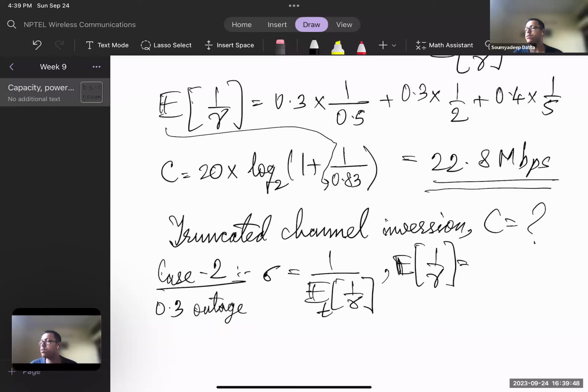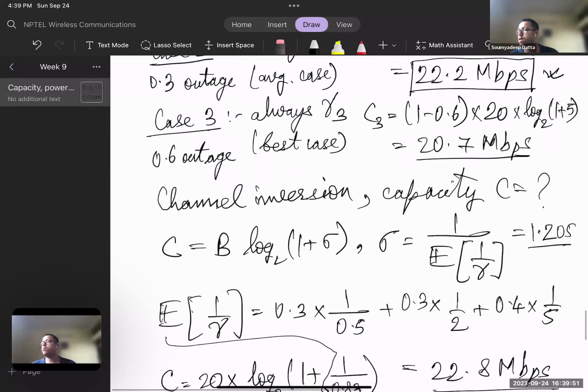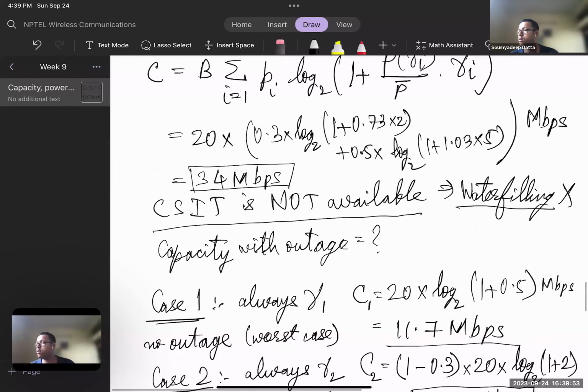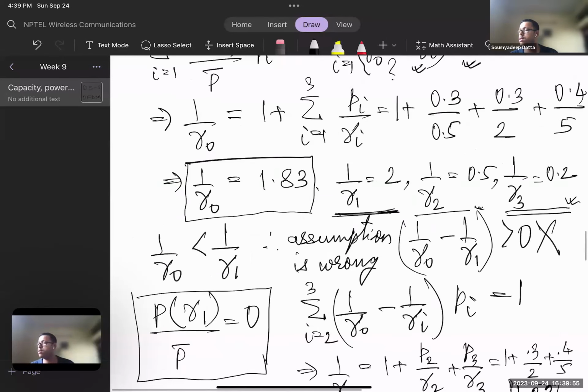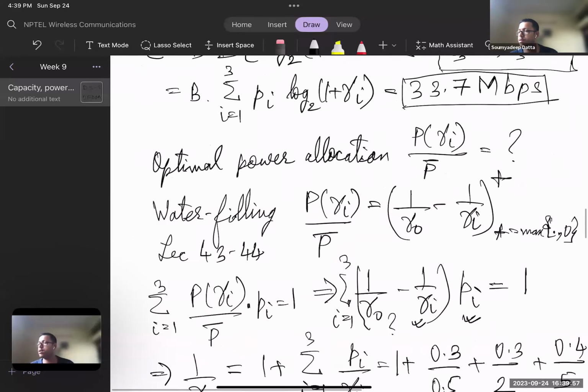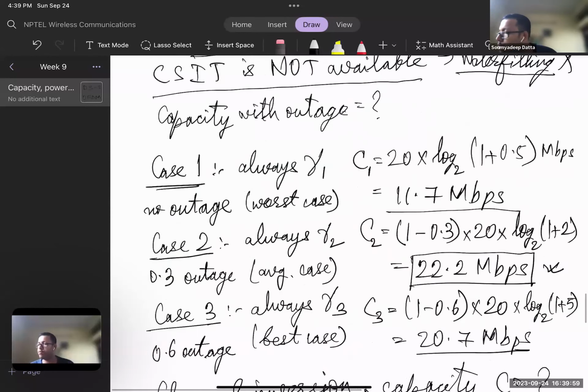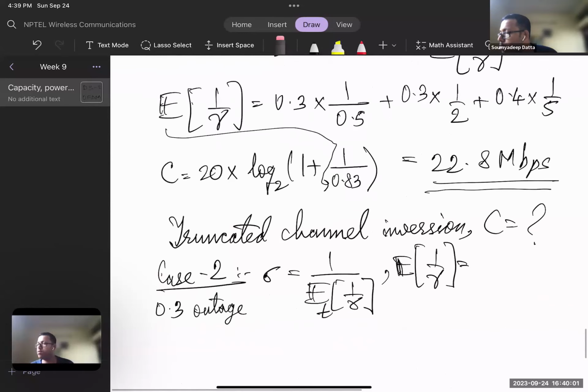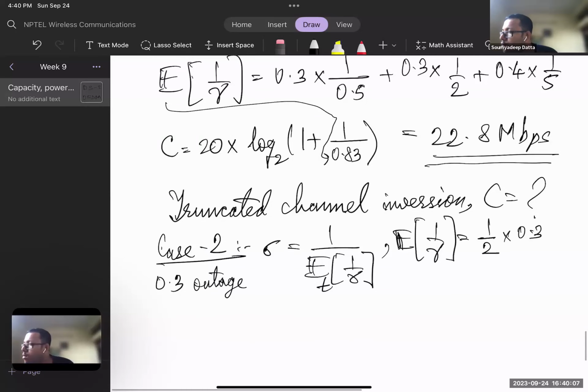You'll ignore the weakest channel, gamma 1, and just take the second and third, 2 and 5. For gamma 2, the probability was 0.3, plus 1 by 5 into 0.4. So whatever this gives.